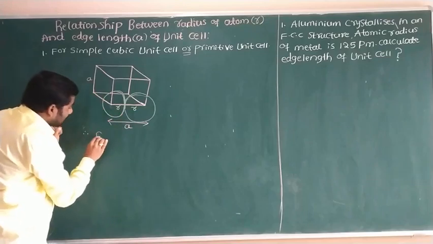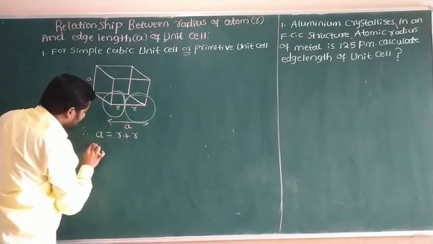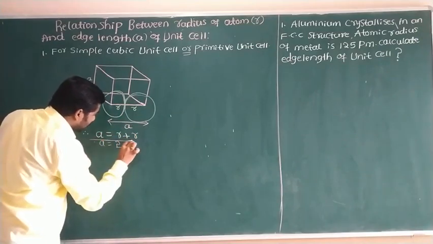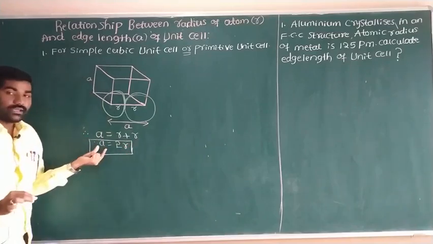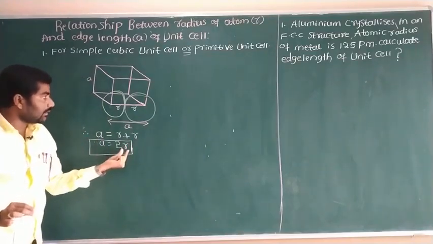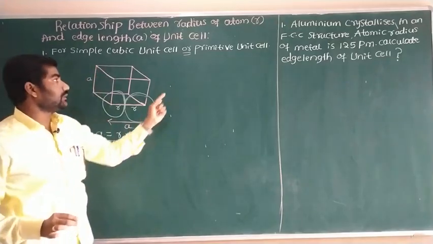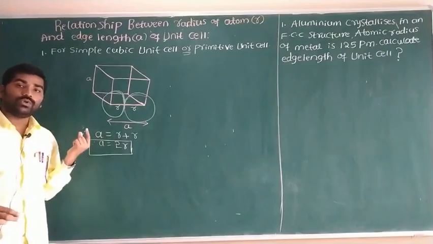Therefore edge length a equals r plus r, that is, a equals 2r. Therefore the relationship between edge length of the unit cell a and radius of the particle r in the case of a simple cubic unit cell, or the primitive unit cell, is a equals 2r.